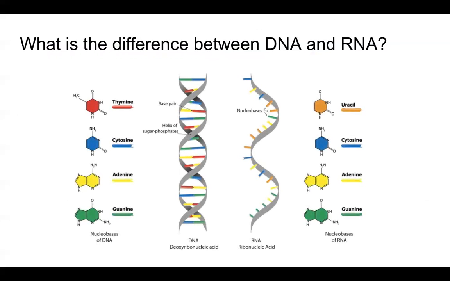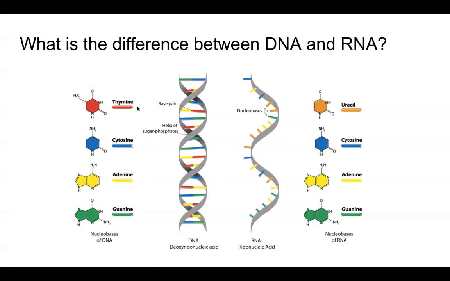What is the difference between DNA and RNA? As we know that DNA or deoxyribonucleic acid consists of two strands and a double helix. RNA molecules, ribonucleic acid, single strand, and they differ by nitrogen base.